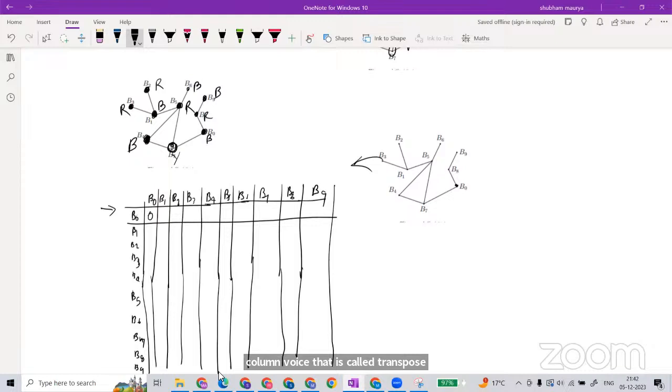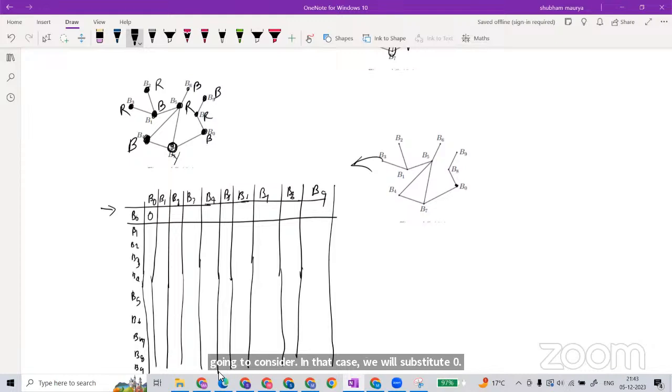If two vertices are joined by an edge, we give 1, otherwise we keep 0. B0 and B0 is ambiguous, so we are not going to consider it; in that case we substitute 0.